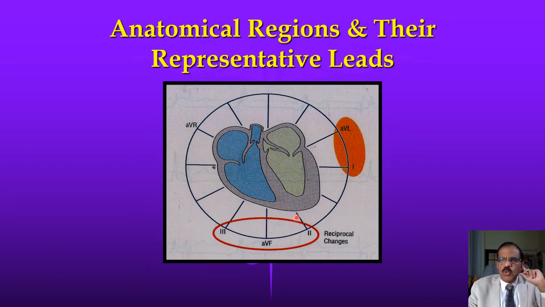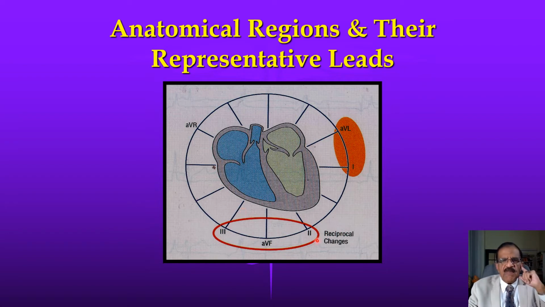When it comes to the inferior surface, the limb leads represent it. Imagine somebody standing, and this is the inferior surface of his heart. Limb lead 2, which is placed on the left leg, would represent the inferior side, and limb lead 3, which is placed on the right leg, would also indicate the inferior surface, and AVF, which is in the middle.